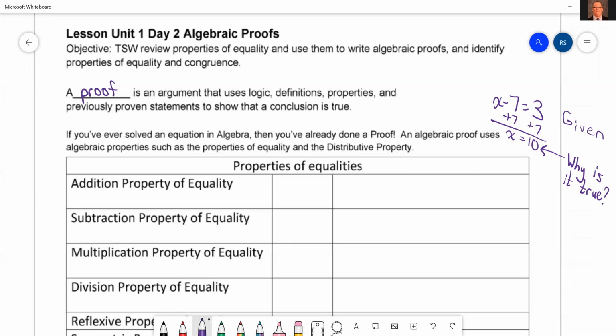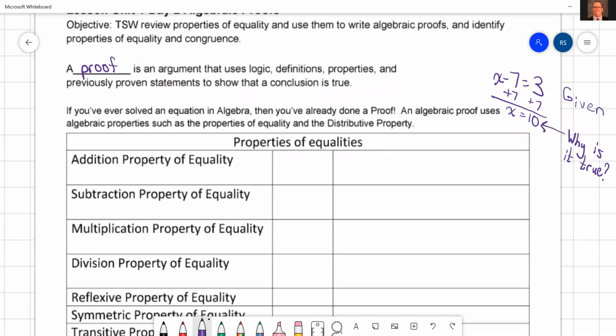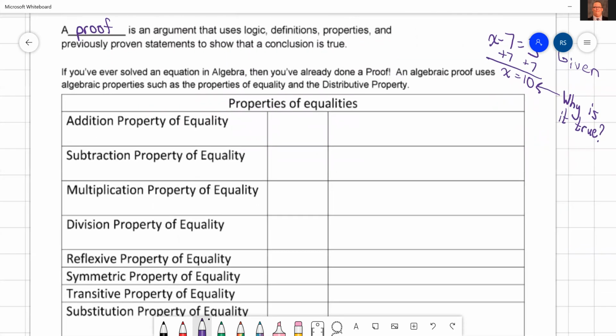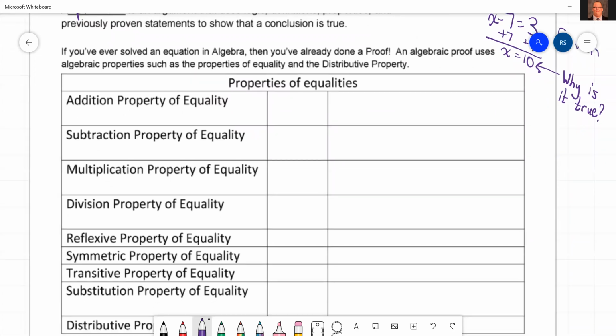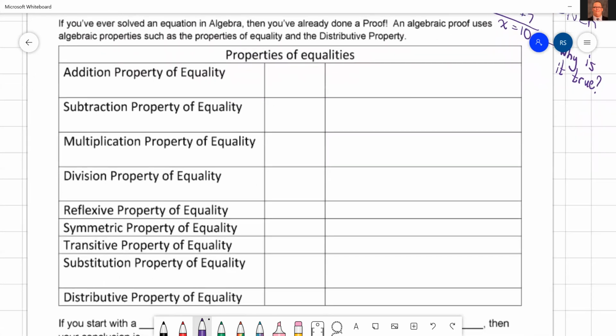Okay. So now, let's look at this chart. There's a bunch of properties of equalities. So let's just start filling it out, and we'll go from there. This chart's going to be really important for your assignment.